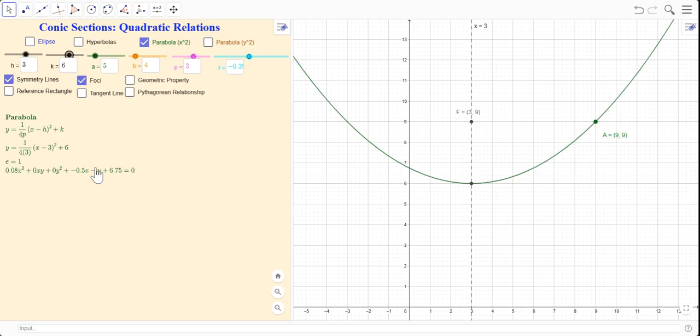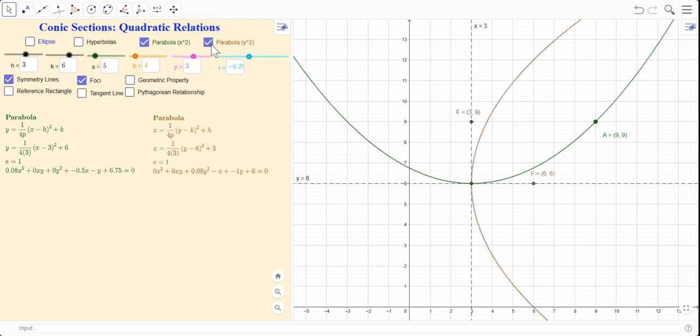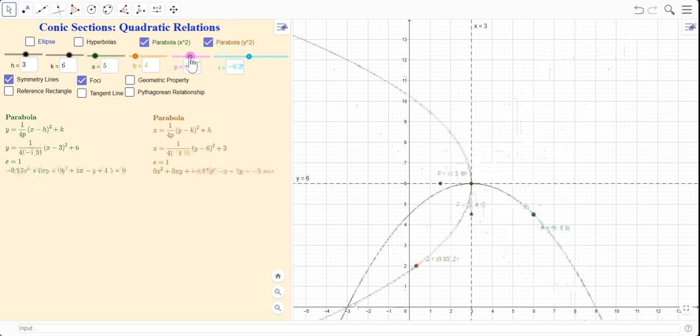Now, what if you switch the x and y? Well, that's going to give you a reflection over y equals x, and that's going to give you a parabola that opens left or right. If p is positive, and the square is on the x, linear on y, then it's going to open up. And if p is negative, it's going to open down.